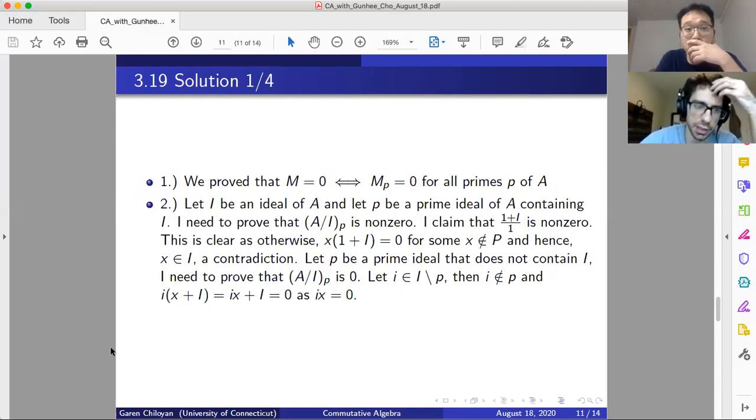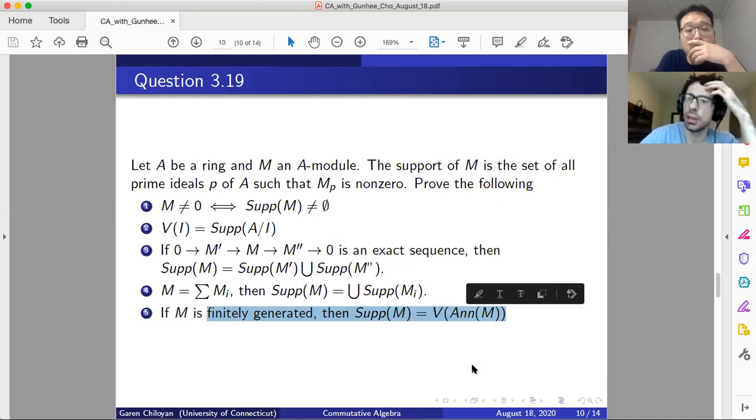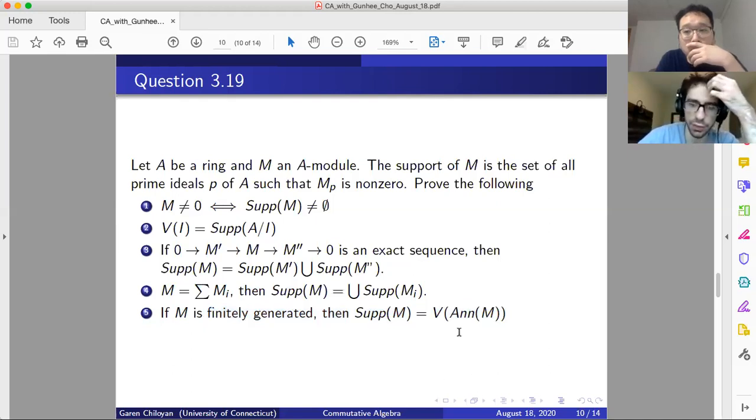That is precisely this statement. So if P does contain the annihilator, then M sub P is non-zero. And if P does not contain the annihilator, so if P is not in here, then M sub P is 0. So we proved right to left.